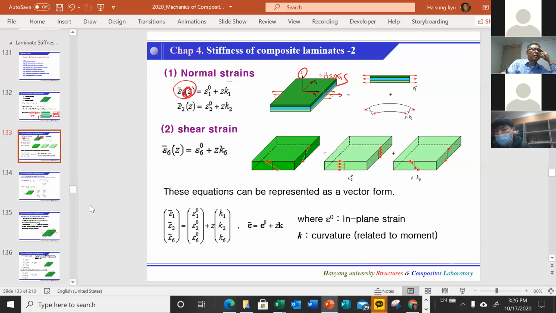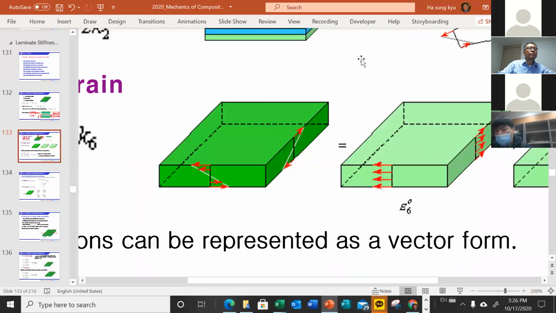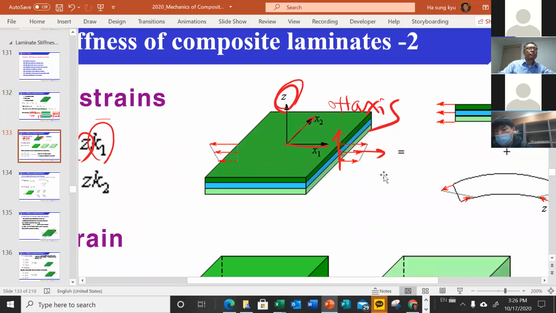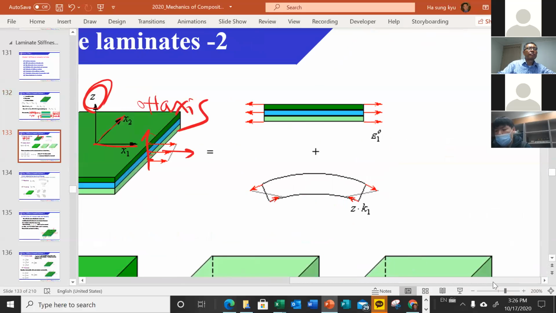In terms of z means each ply has the coordinate z, with a constant term and a linear term. Linear means as a function of z. So any strain is always linear like that for any load.